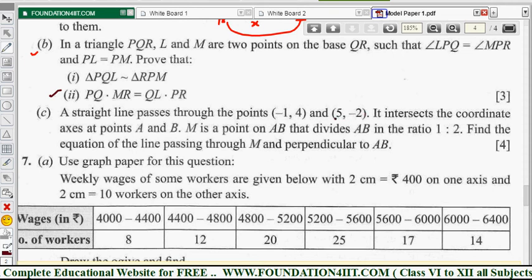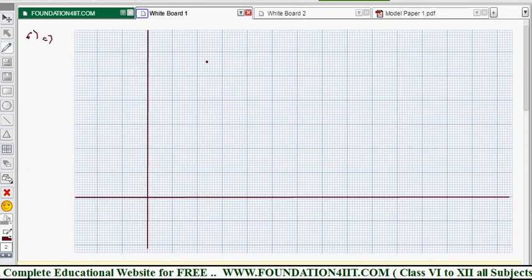Let us take these as P and Q. P is minus 1 comma 4. If you mark 0, 1, 2, 3, 4 on the positive side, and this negative 1, then minus 1 comma 4 means the point must be here. So this is P.